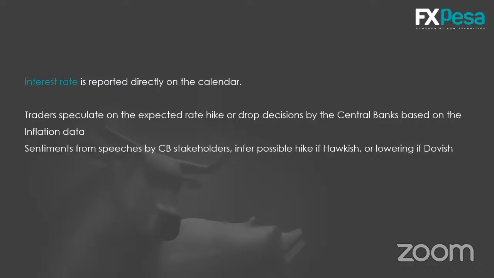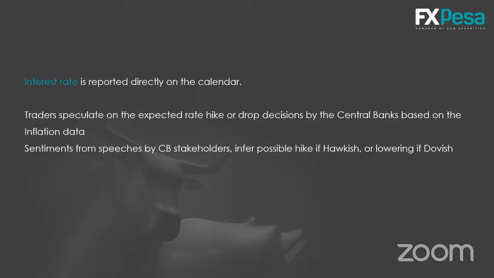But for the interest rate, traders look at the rate given on the calendar, though most of the time they try to speculate on the decision they're expecting from the central bank stakeholders based on the inflation data.